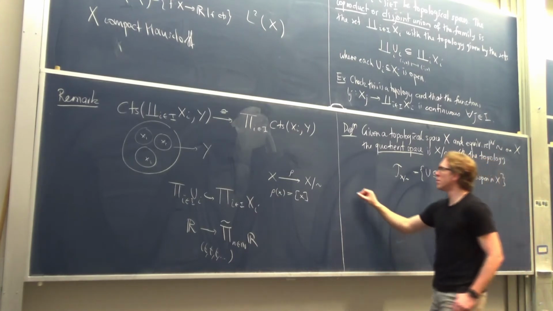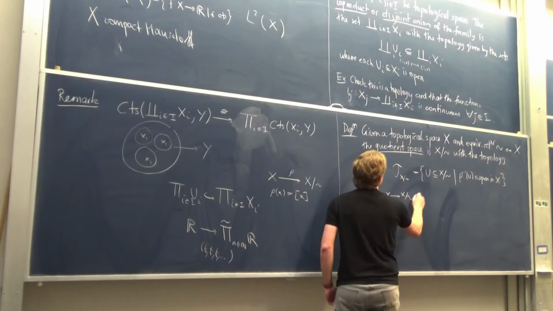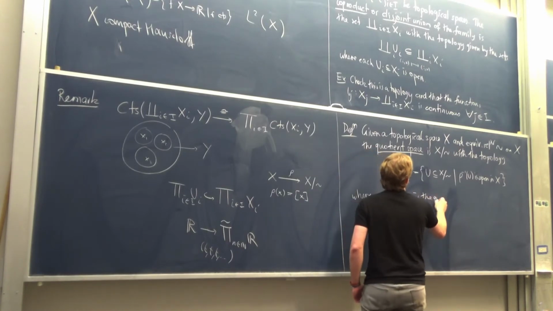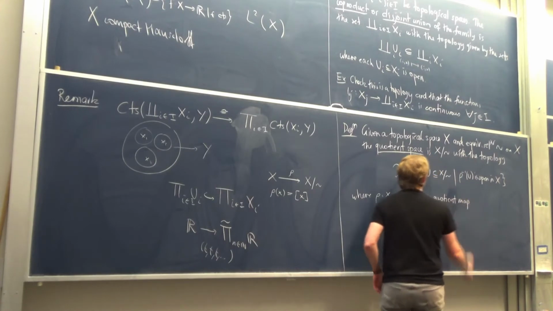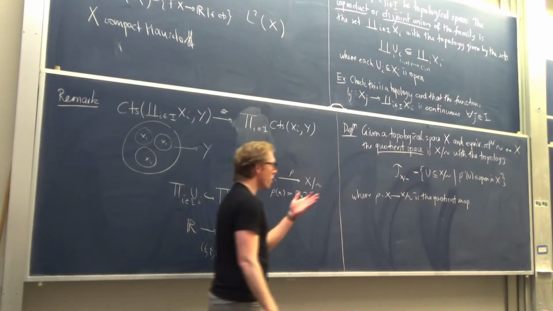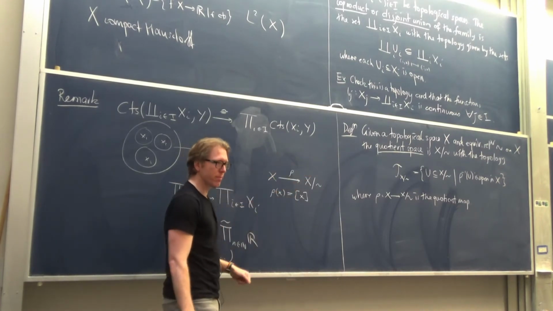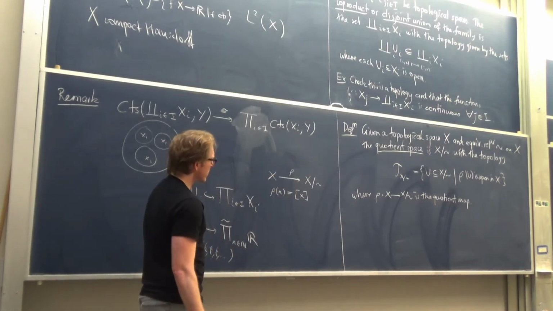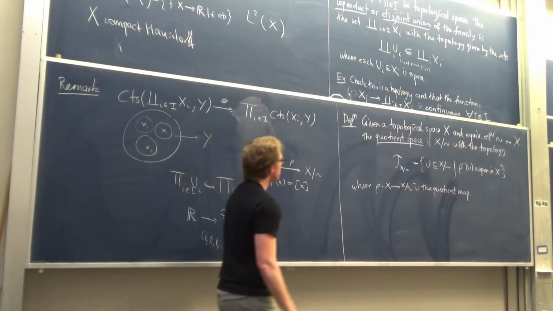Okay, so where rho is the quotient map. I mean, all those sets better be open for this to be continuous, and then the claim is actually that this is a topology. Right, again, that's an exercise to check. Okay.